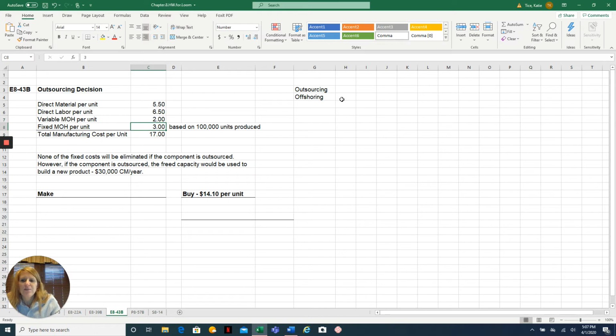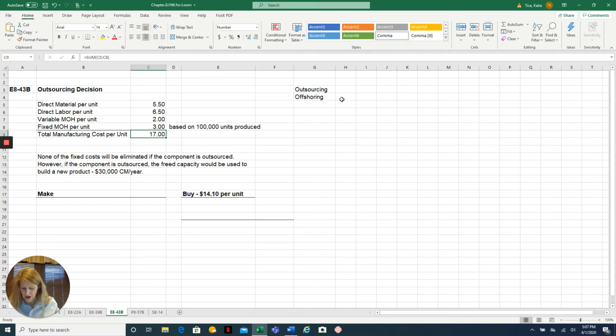And then fixed manufacturing overhead, which would be things like property taxes at the factory, supervisor salaries at the factory, insurance at the factory, basically anything that's a fixed cost. Here we're assigning $3 per unit to give us the total manufacturing cost of $17.